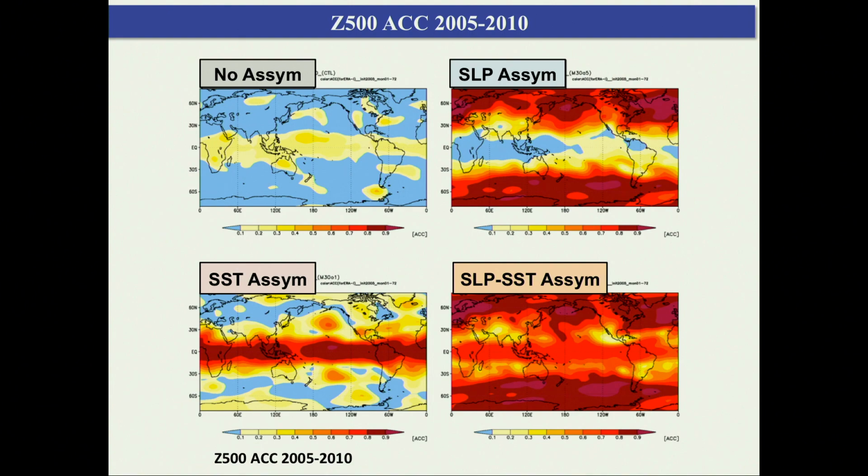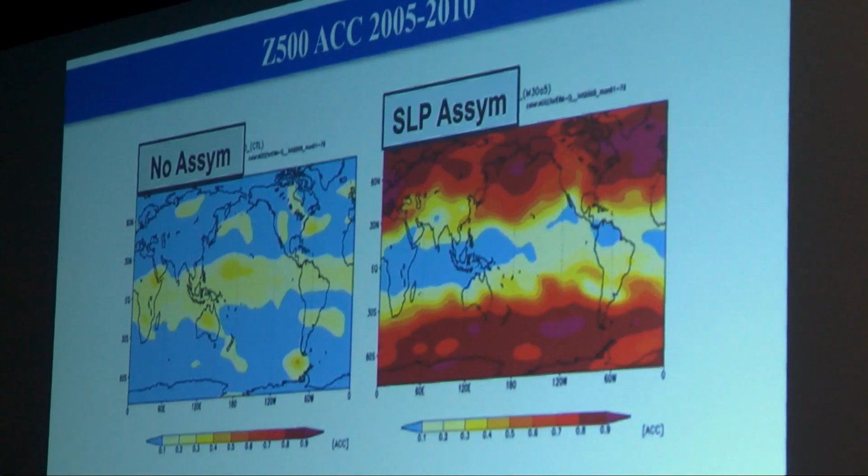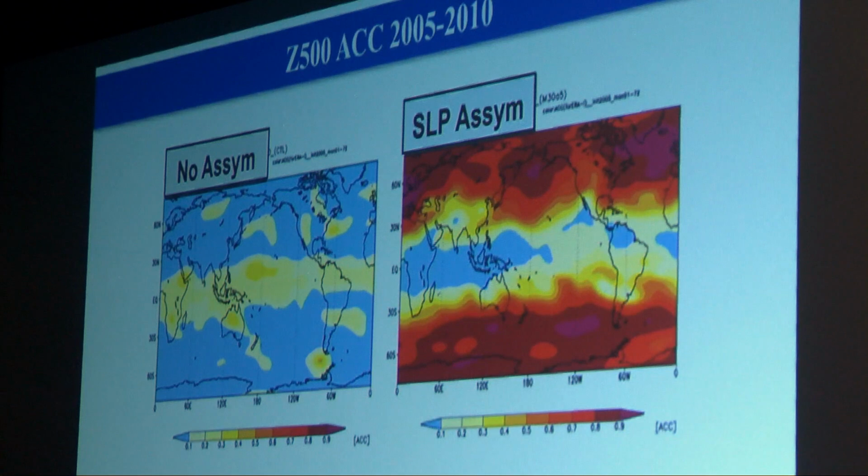If no data is assimilated, then between the coupled model run and observation in this observed period, there is no correlation. But if you include the surface sea level pressure anomaly, then the mid-latitude atmospheric signal, by the way this is 500 hectopascal height and the input data is surface sea level pressure, is improved considerably by introducing the surface observation.